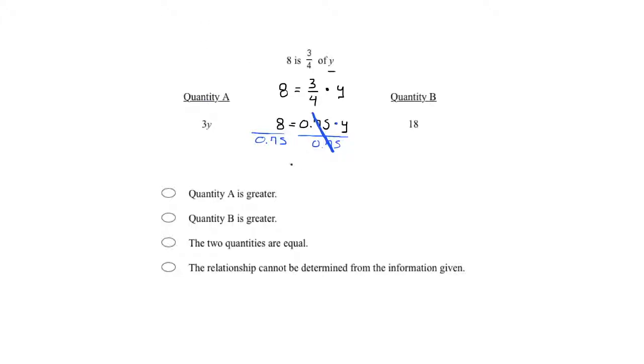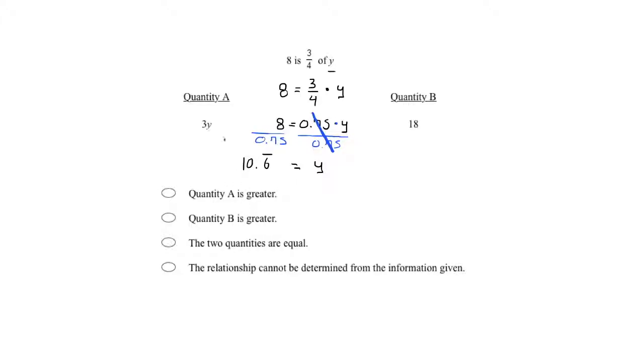Now the right side says 1 times y, but I'm not going to bother writing that 1. More importantly, it just says y. Most importantly, it says y equals. And 8 divided by 0.75 is this number 10.6 repeating, on my calculator anyway.